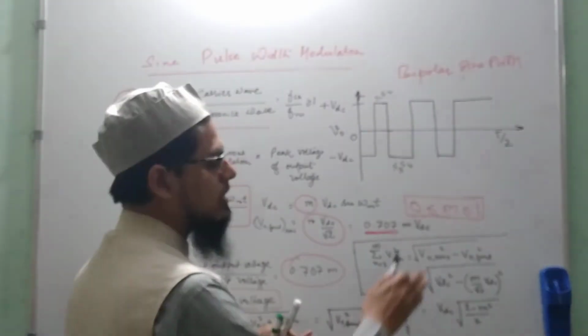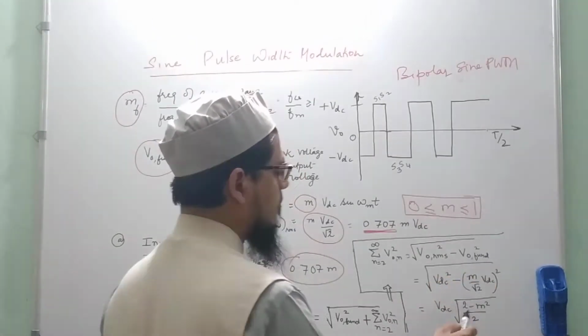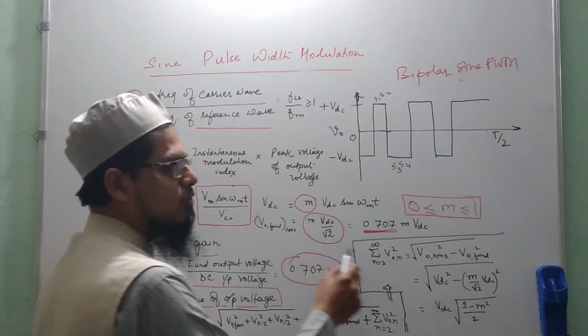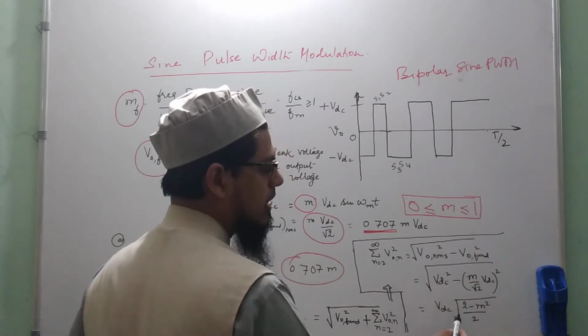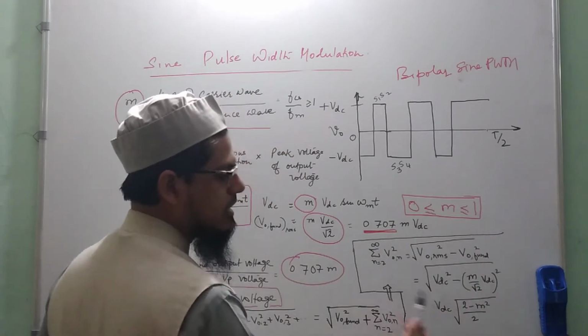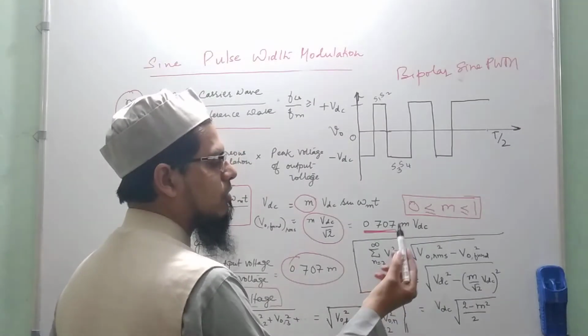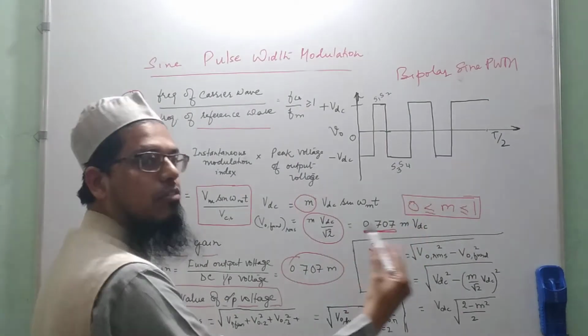Let us assume right now that it is coming out to be VDC, and this V naught fundamental we have already calculated, it is MVDC by root 2. So I am putting this value here, MVDC by root 2, squaring it finally and taking VDC outside. So I am getting the square of RMS of all the harmonics except the fundamental.